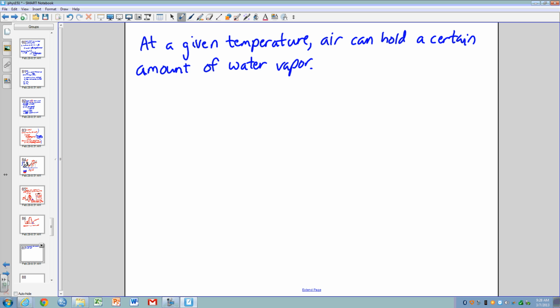And we define the relative humidity. Relative humidity is a measure of this amount of water vapor that it can hold.